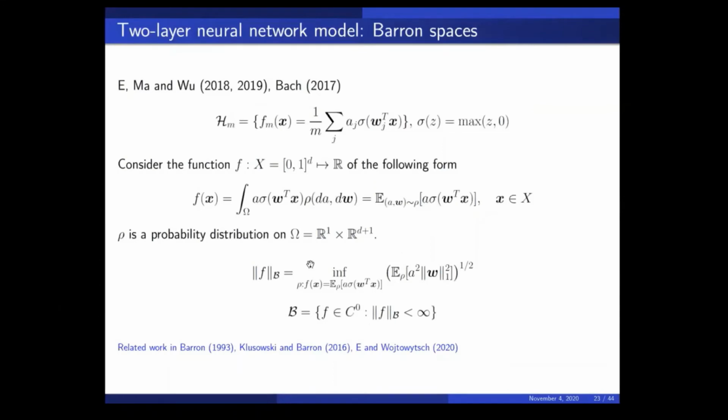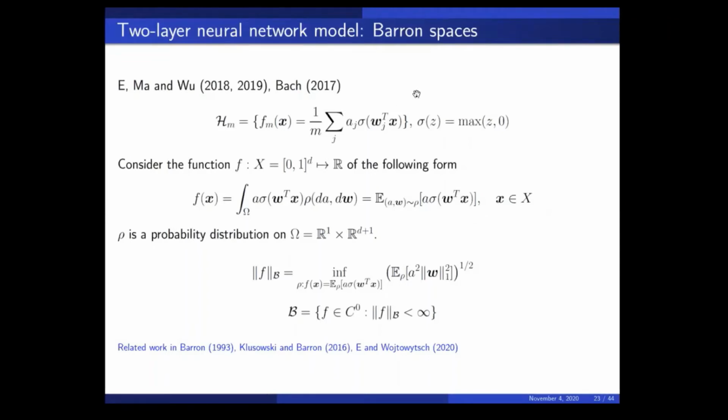So now with that background, let's look at approximation theory for two-layer neural networks. Again, this is the general expression for two-layer neural networks. The parameters are a_j and w_j. I'm going to take sigma to be this particular nonlinear function called ReLU. First, we're going to define the analog of Sobolev space for this approximation scheme.